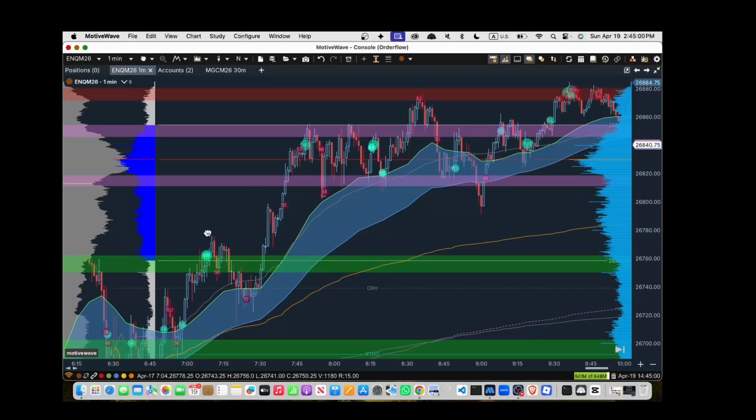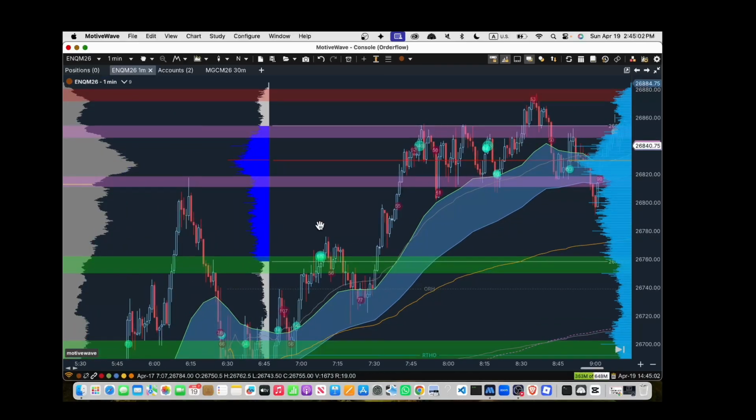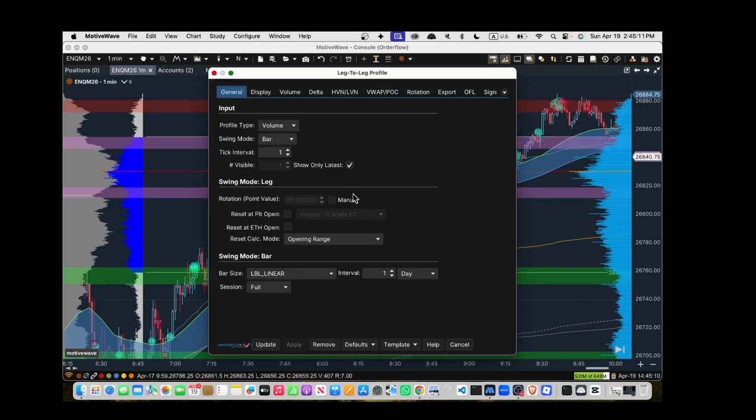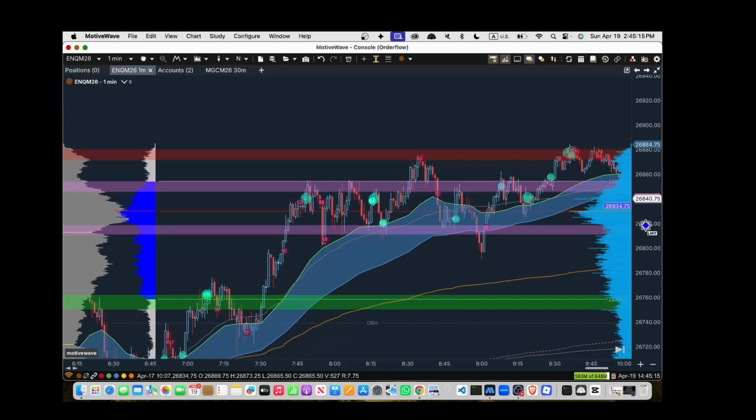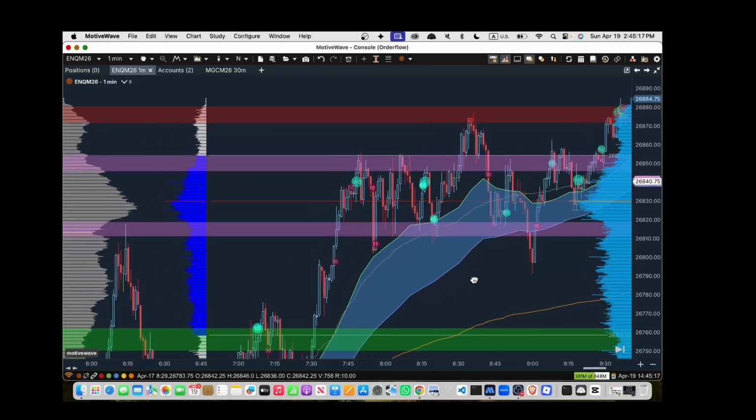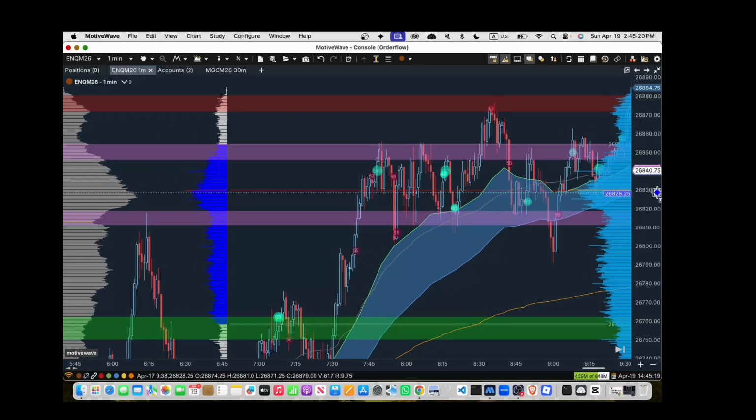So here I have daily RTH, and then I have 5-day VP, and then I have just a daily ETH RTH. So basically what you need to be able to do is mark levels as they form.